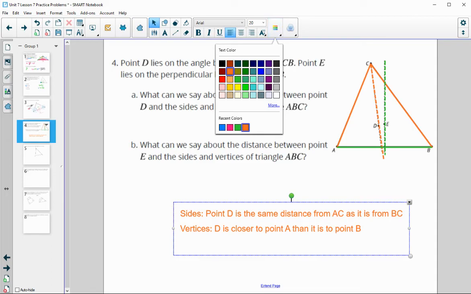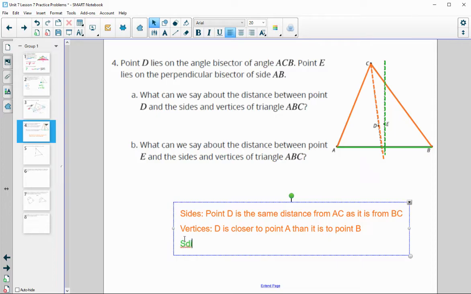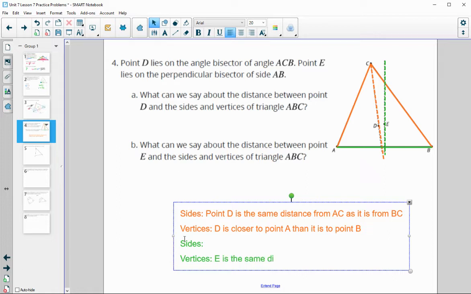So then if we talk about E, so we just did a little bit. So for the sides, we'll leave that for a second. But vertices, we know that E is the same distance from A as it is from point B, since it's on the perpendicular bisector, equidistant from those endpoints.